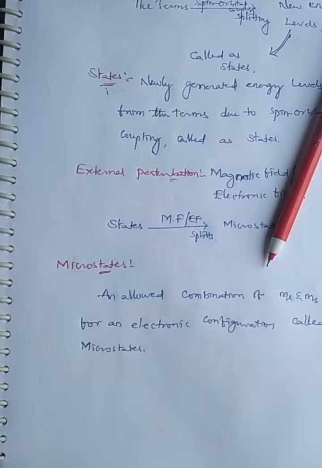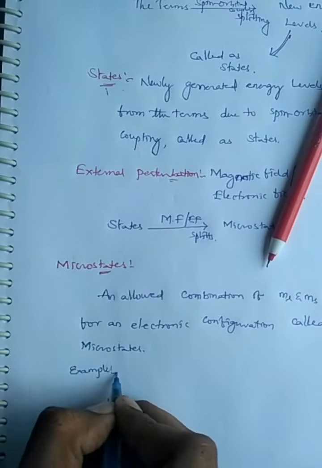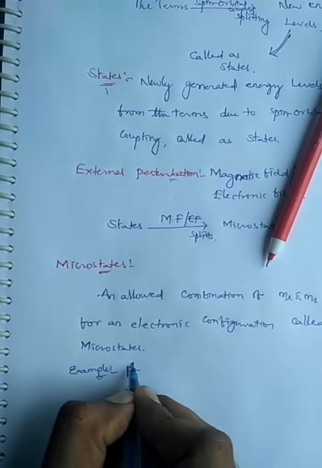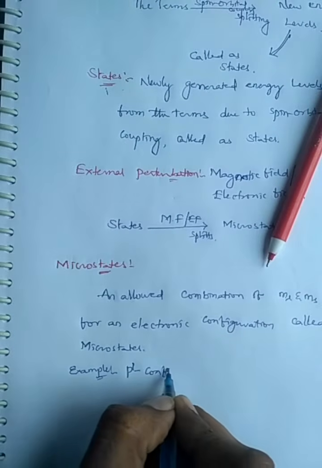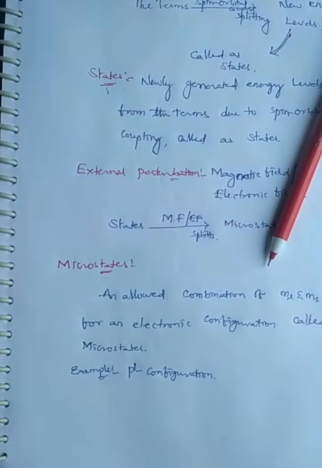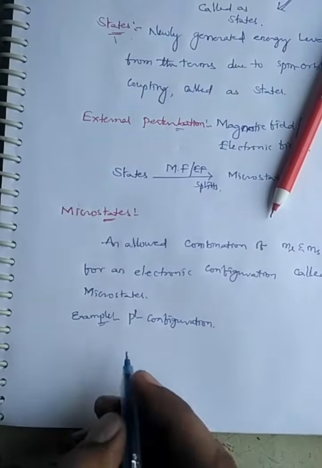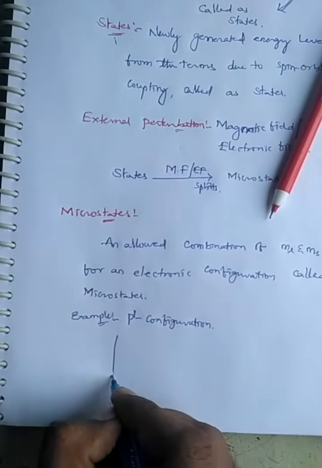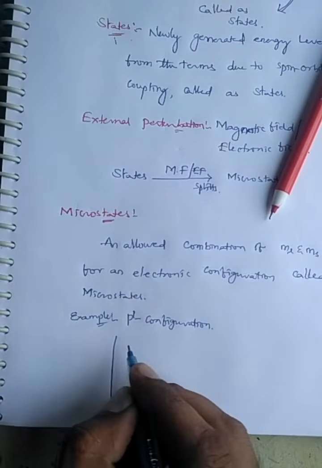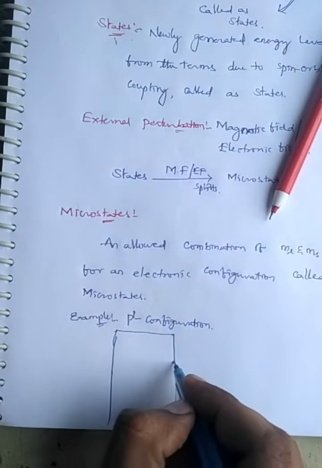For example, if we go with the p1 configuration, the number of microstates for a p-n electronic configuration. The p orbital will have 3 suborbitals, we know that, isn't it?